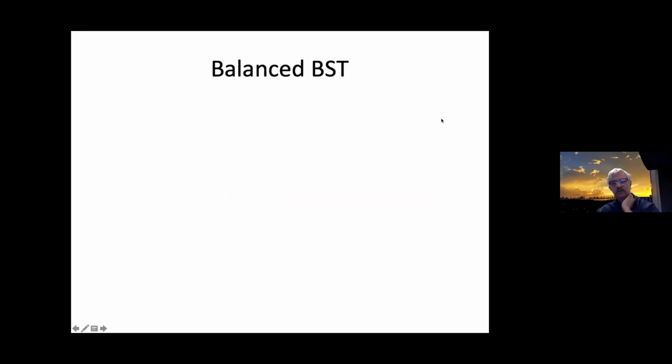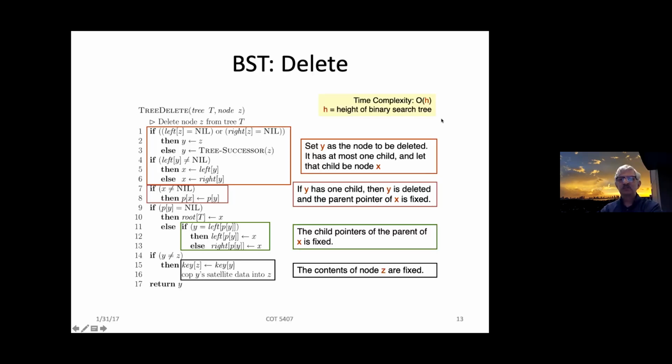All right. So before I talk about balanced binary search trees, are there any questions? I would definitely recommend that you go to the animation websites and play around with it a little bit more.